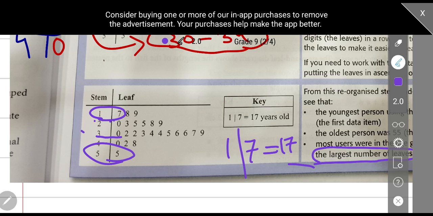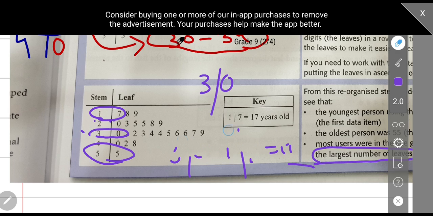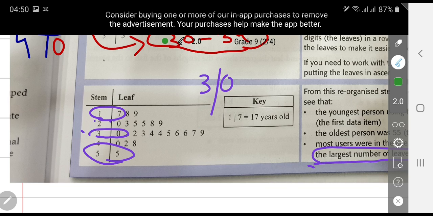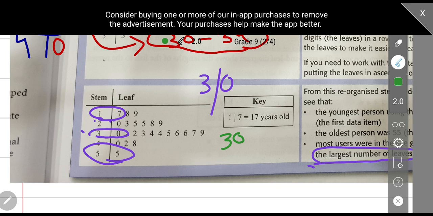You can take this one, 3, then put a straight line, 3|0 equals what? I can write any key I need or want. I'll try 30. The key I will write this way: 3|0 equals 30 years old.